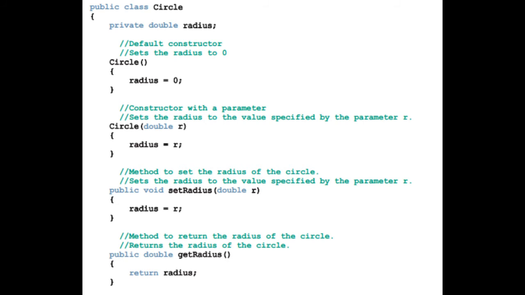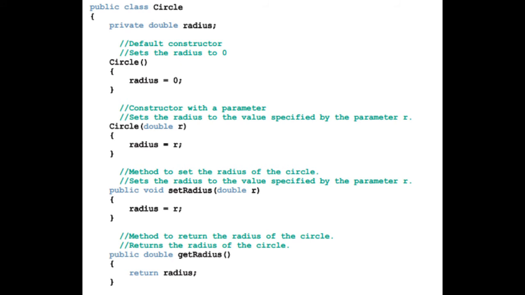In this example, we give the complete definition of the class Circle. Public class Circle, private double radius, the default constructor which sets the radius to 0, Circle(), radius equals 0.